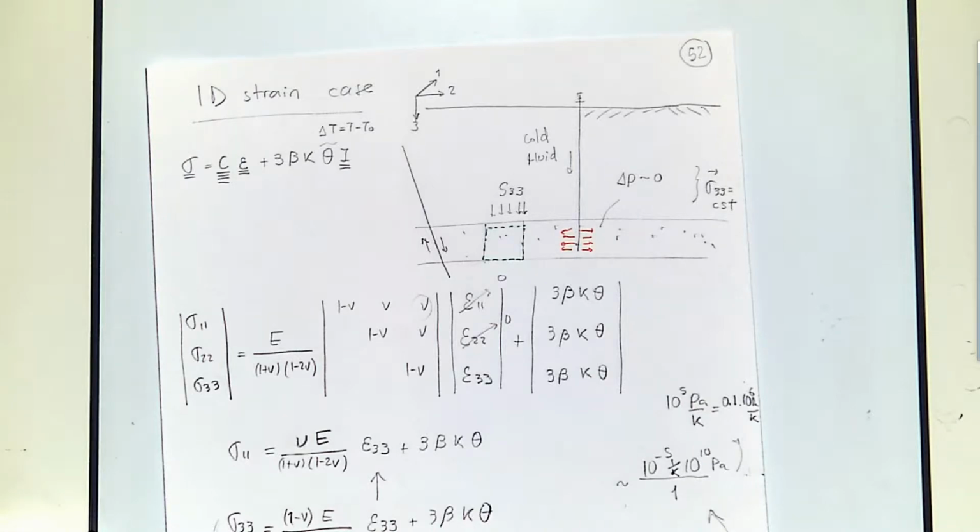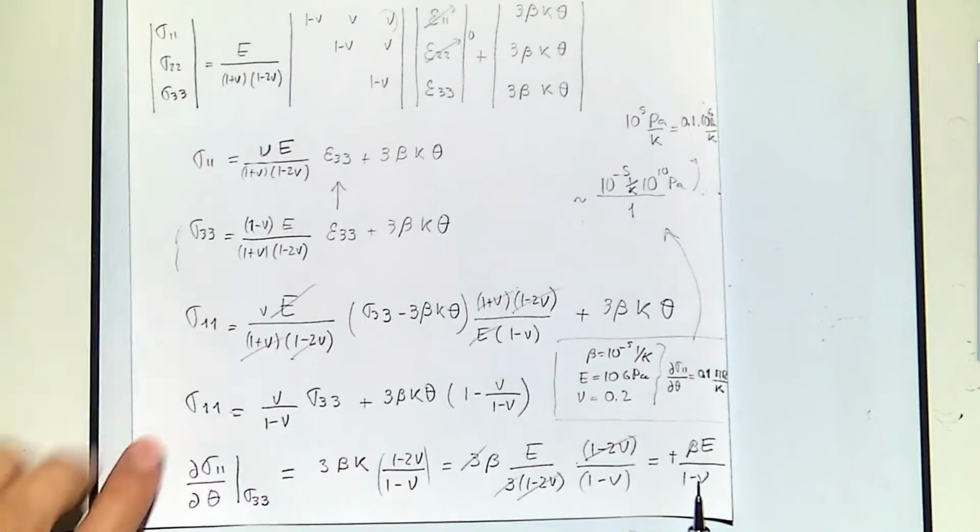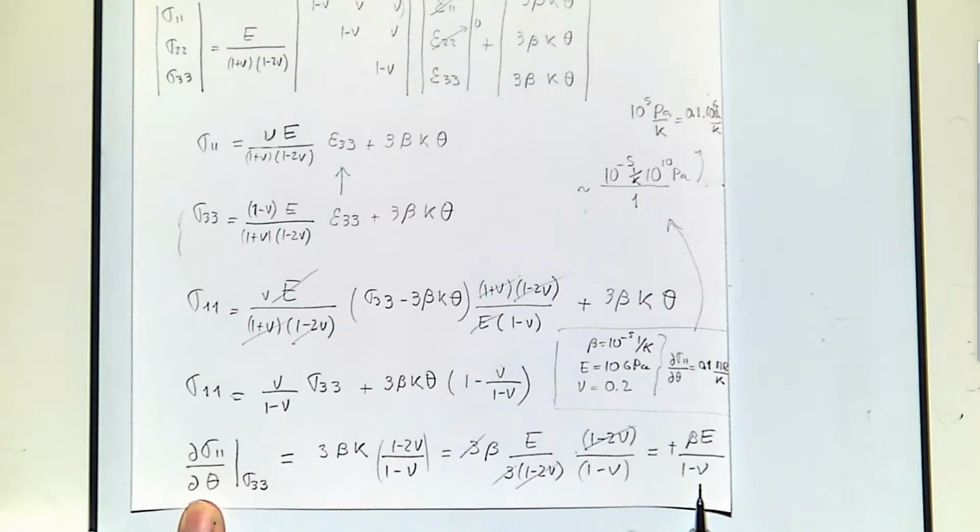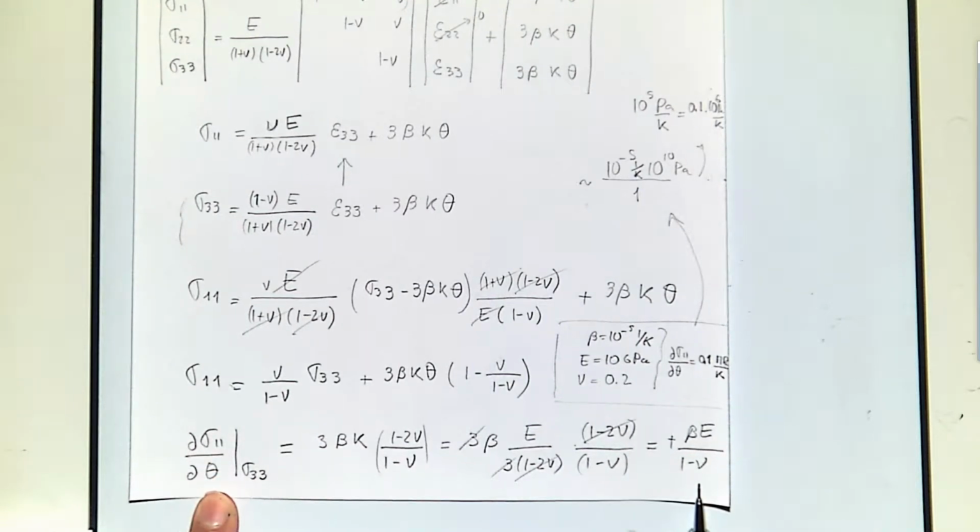And we derived the equations that will tell us the change of stress with change of temperature. That's it. Changes of stresses due to changes of temperature. And this is a coefficient of proportionality.